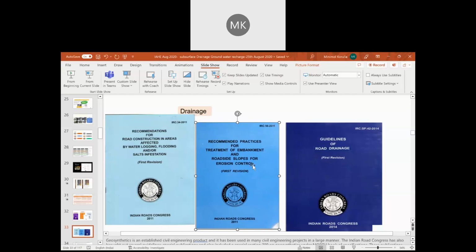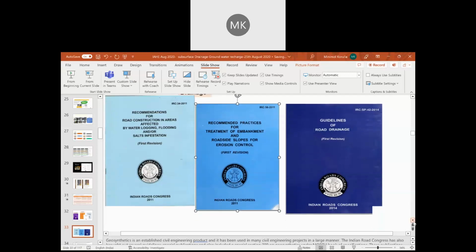So you can reduce your pavement layers, as well as the thickness of the aggregates, and the dead load which is coming over the subgrade also gets reduced to a certain extent.